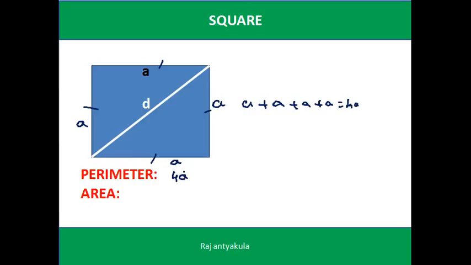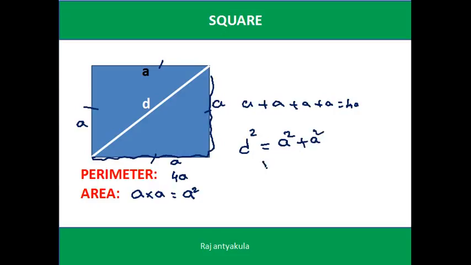Now what is the area of a square? Simply A into A, that is A square. Area of a square is A square. Now look here carefully. Here this white color line is a diagonal. According to the Pythagoras rule, this is a right angle triangle. Hypotenuse square. What is the hypotenuse here? D. D square equals the sum of the squares of the other two sides: A square plus A square.